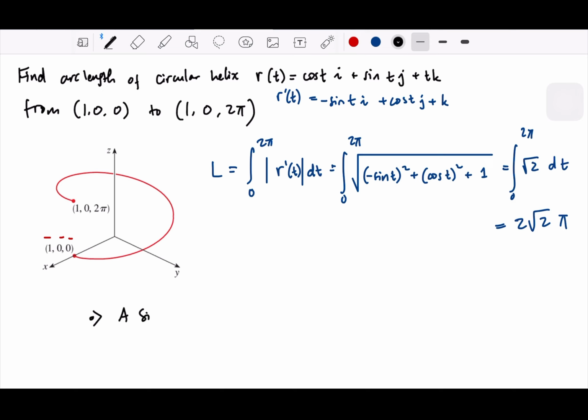A single curve C can be represented by more than one vector function.